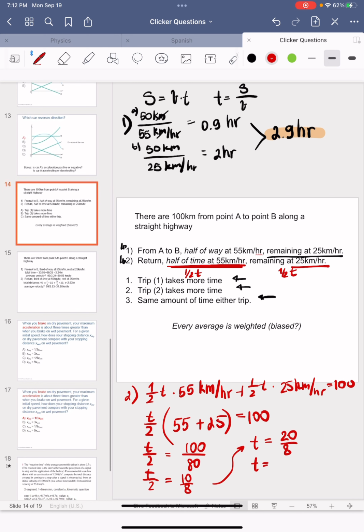So t equals 20 divided by 8, 2.5 hours. So this second trip took 2.5 hours.